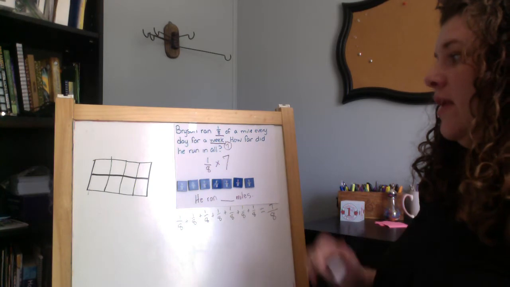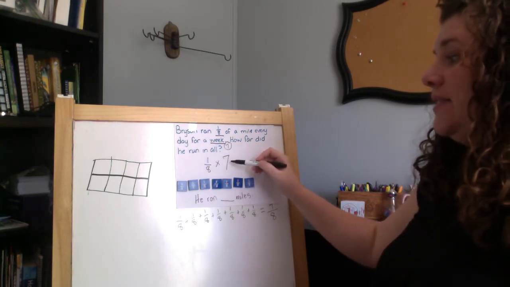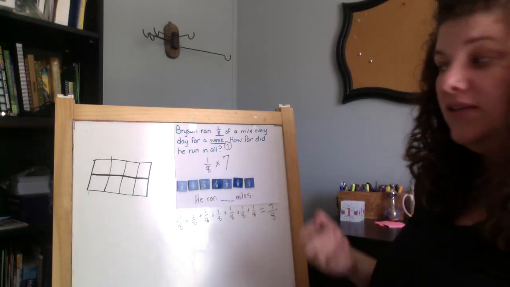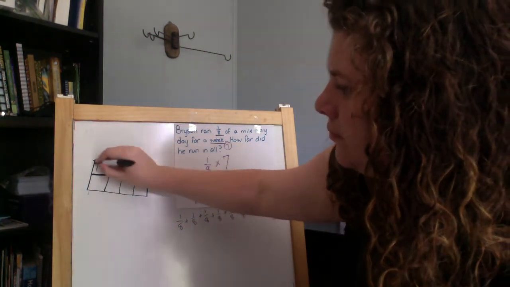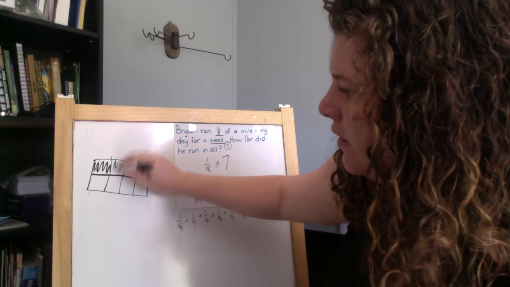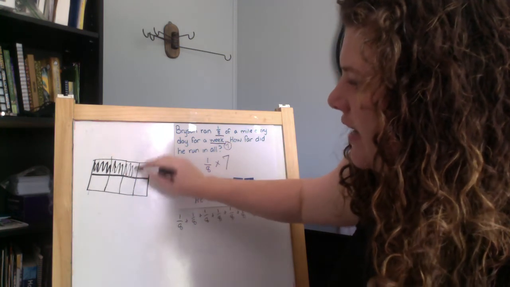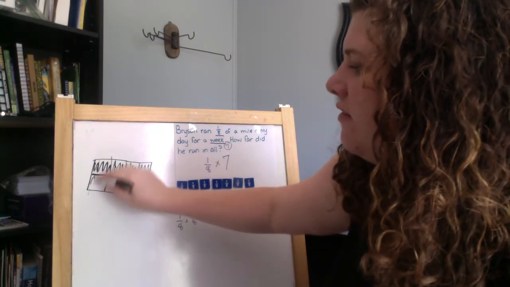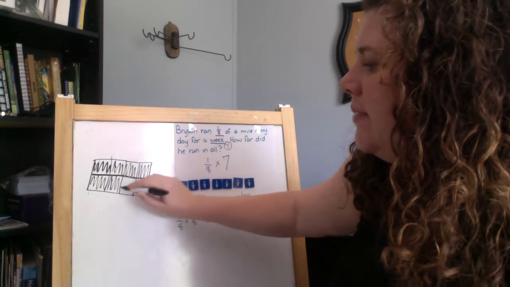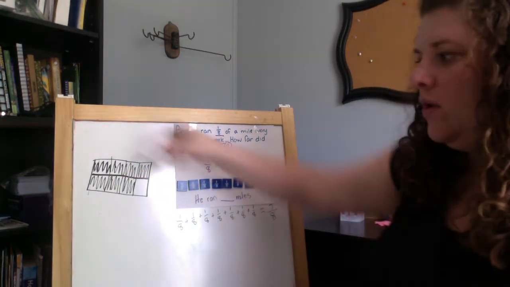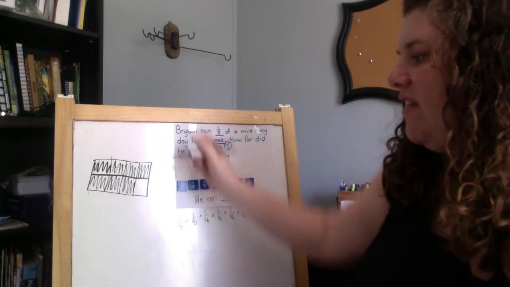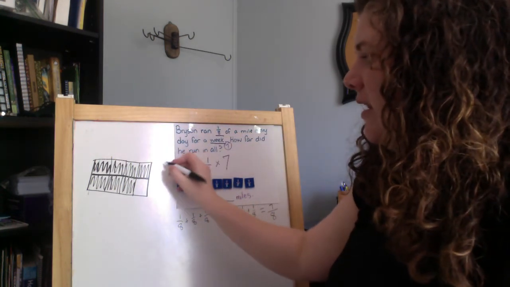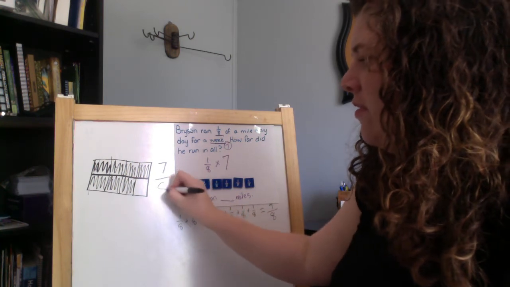I'm doing 1/8 times 7, so I only need 7 of those. I'm using it 7 times. Here's 1 time, 1 time, 2 times, 3 times, 4 times, 5 times, 6 times, 7 times. 1, 2, 3, 4, 5, 6, 7 are shaded out of my 8.